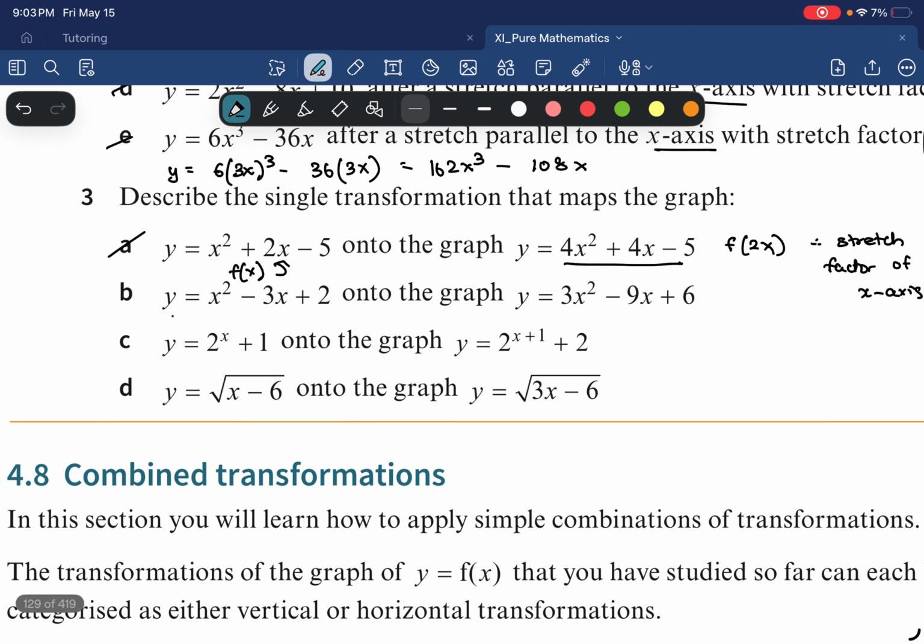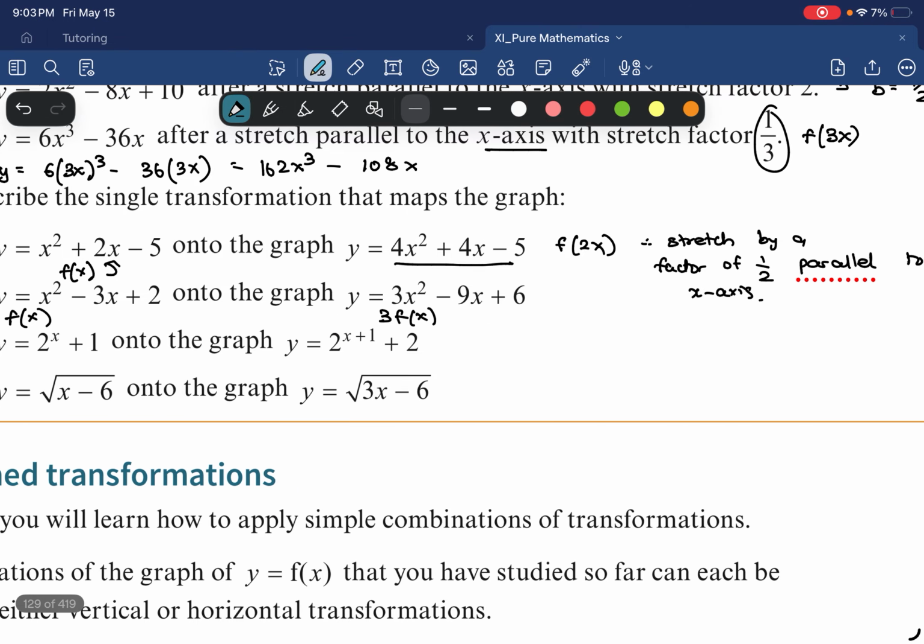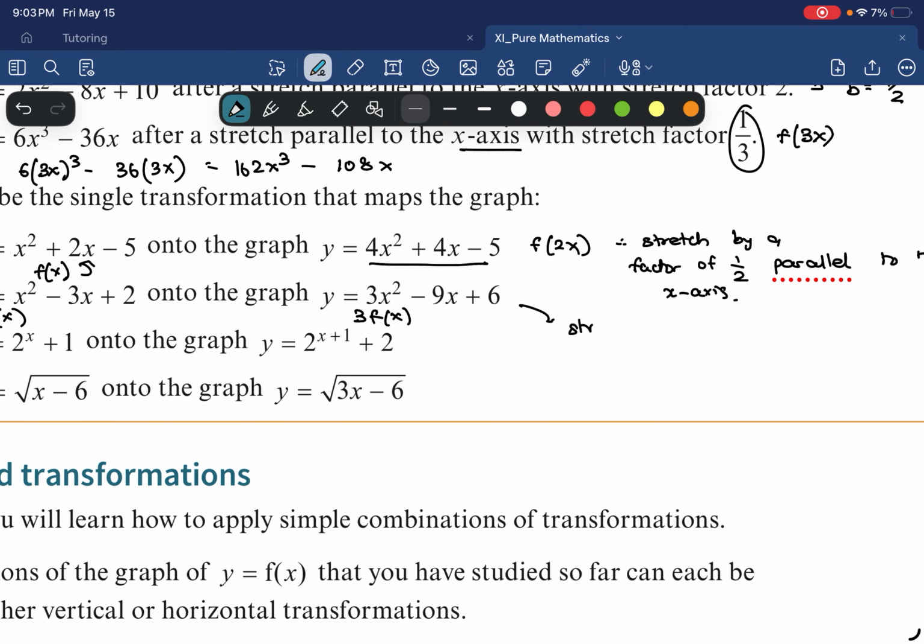B. If this is f of x, then this is just 3f of x, right? So this is going to be a stretch by a factor 3 parallel to the y-axis.